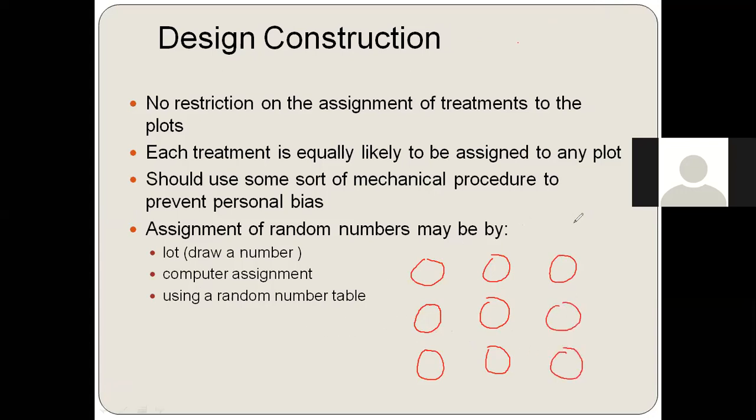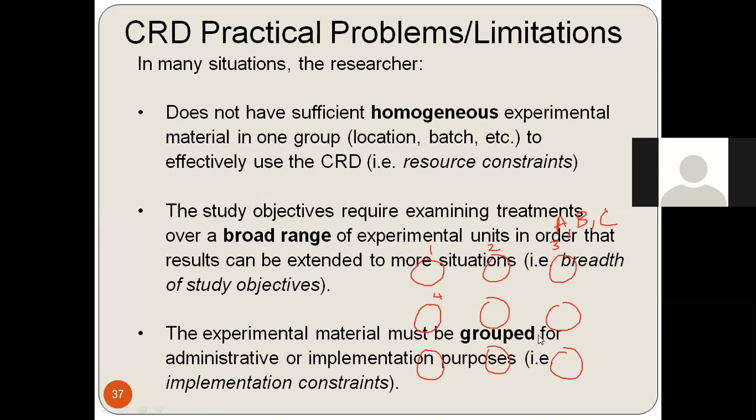I have 3 treatments. What are the treatments? A, B, C. So what I can do is number the plots. This is 1, 2, 3, 4, right? 5, 6, 7, 8. Sorry.